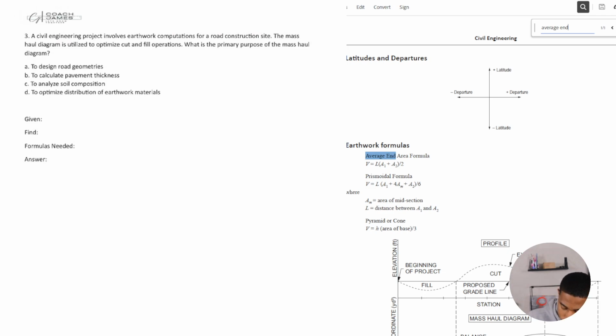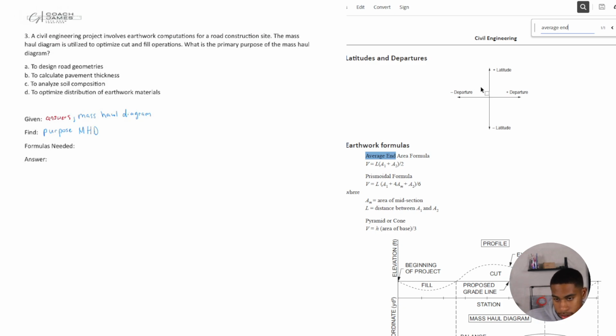All right, so we're given some answer choices, and we're trying to find the purpose of using a mass haul diagram.